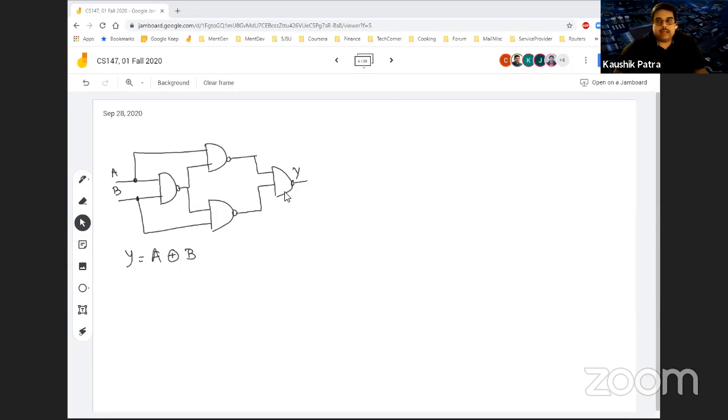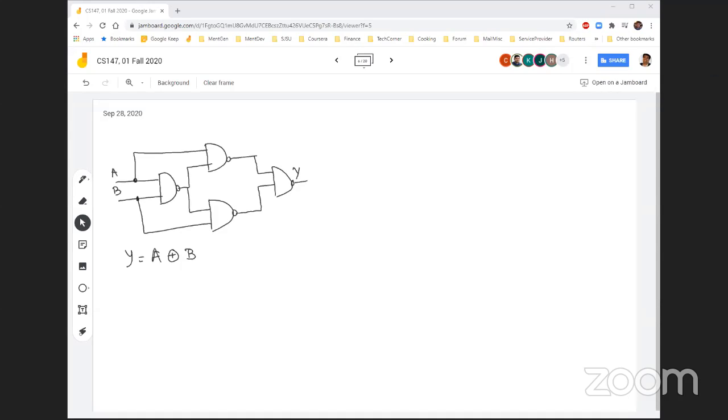Usually we think that if we derive it straightforwardly, we'll need 5 NAND gates to implement that. But there is a more optimized version available, which uses 4 NAND gates to implement an XOR gate. Let me first describe how this can be derived.